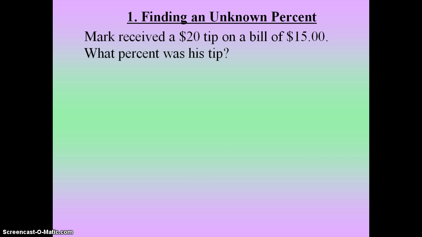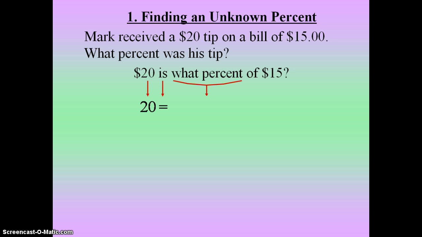Okay, let's say I'm finding an unknown percentage. Let's say that Mark received a $20 tip and the bill was $15. Wow, he received a $20 tip on a bill that was $15. So the question would be, $20 is what percent of $15? I'm going to take that 20, then take the word is and make that my equal sign, then take what percent, so I'm going to use an x or n percent, then use of as multiply, and then 15.